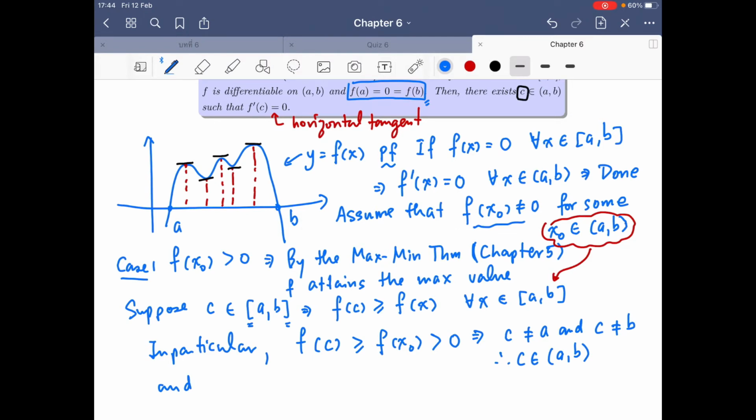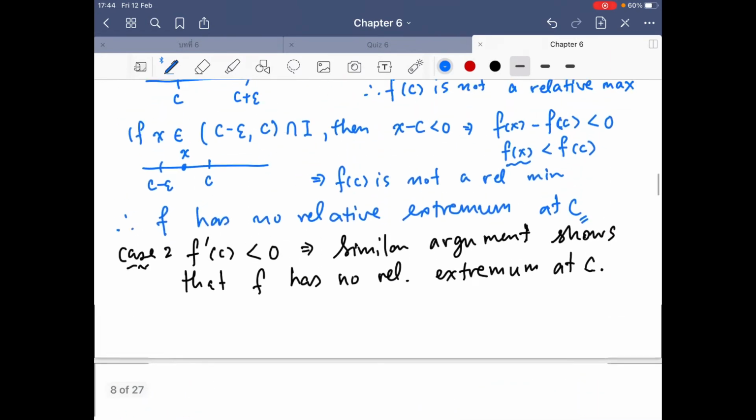When it is inside the open interval, we have another assumption that your f is differentiable inside this open interval a and b. So your f prime at c exists. Okay, so by the previous theorem 6.2.2, let's go back a little bit.